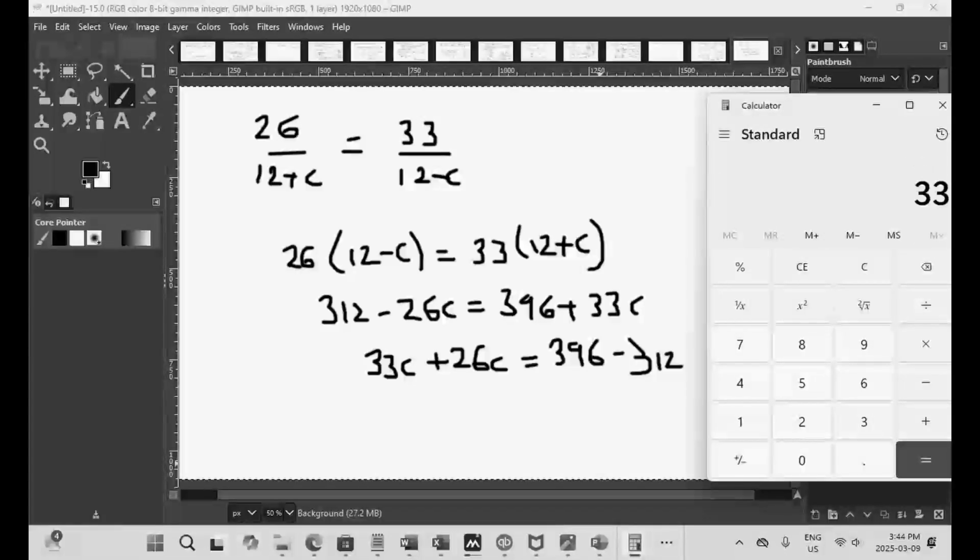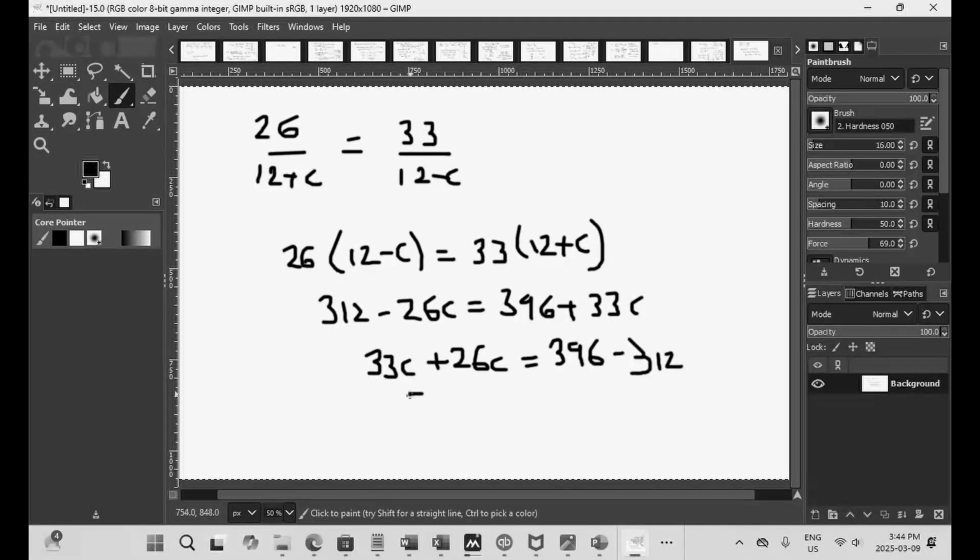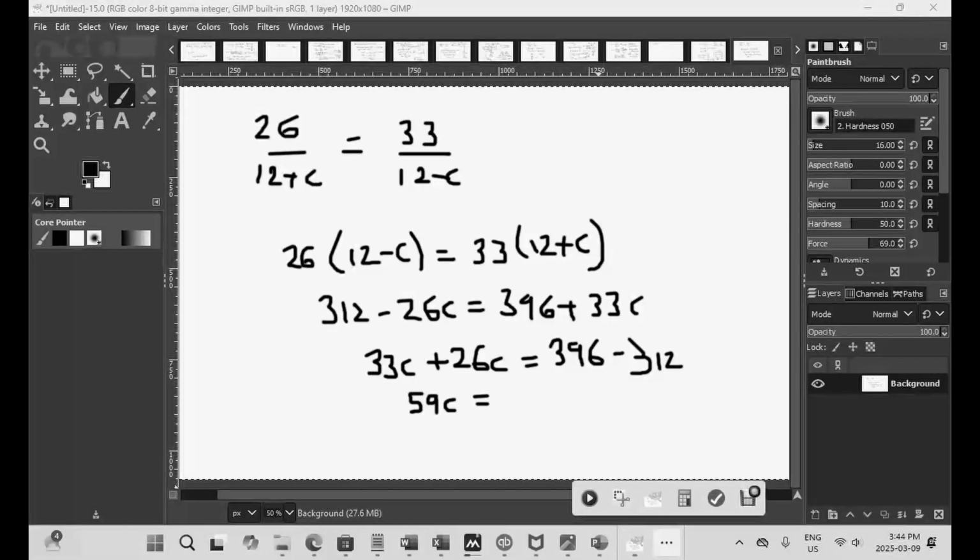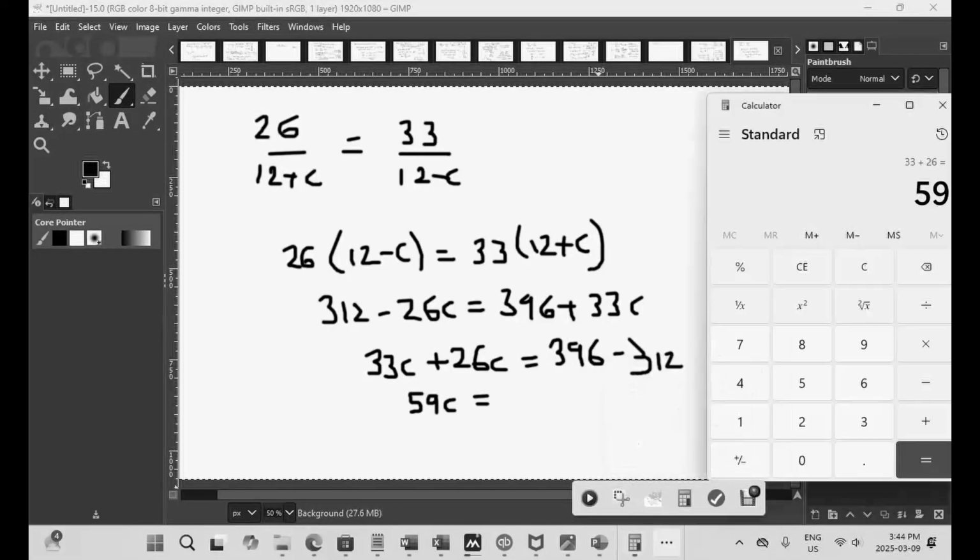So 33 plus 26, this will be 59C. 59C equals 396 take away 312. This is 84.